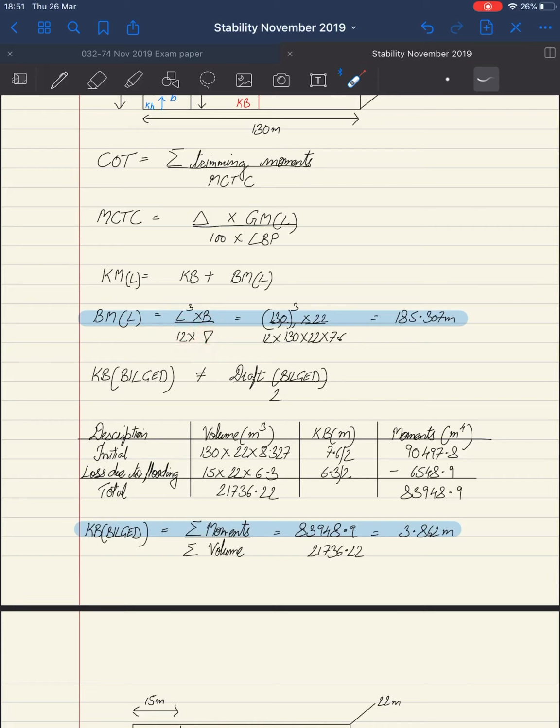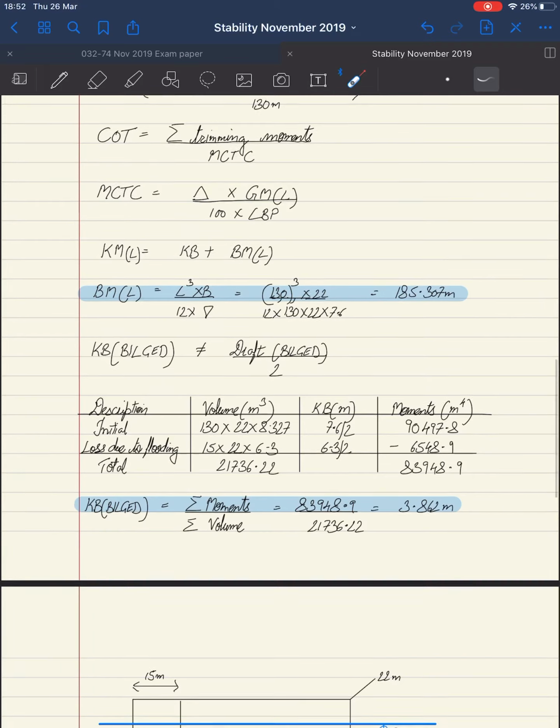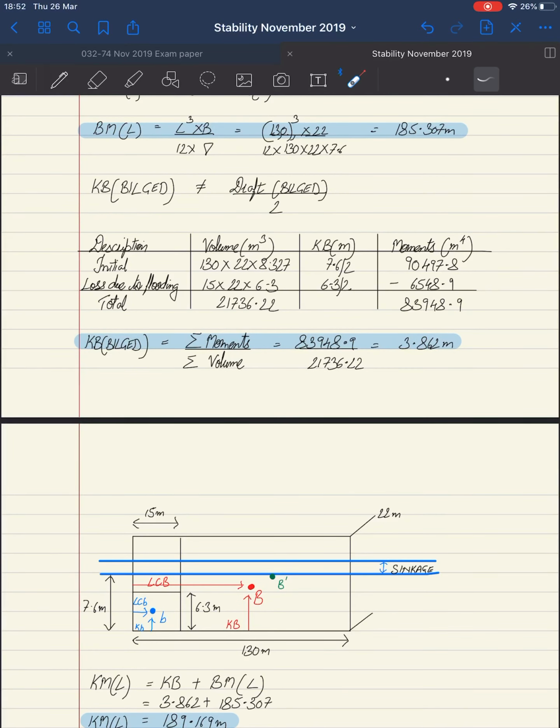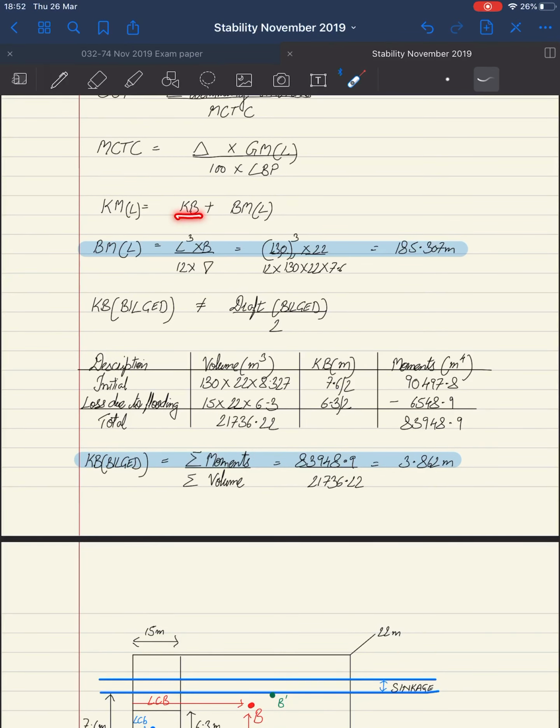So I'll just put in the values here, and I have obtained my BM final as 185.307 meters, again to 3 places of decimal. Next step is to find out the KB. We have found out the BM longitudinal. Next step is to find out the KB so as we can find out the KM.